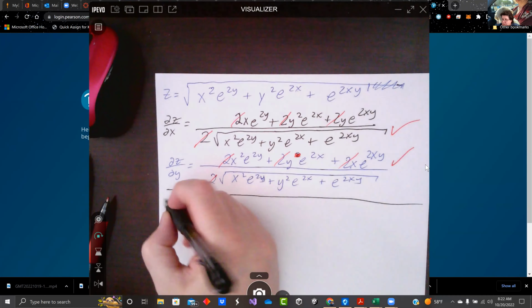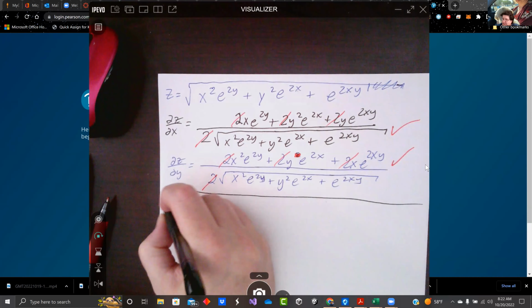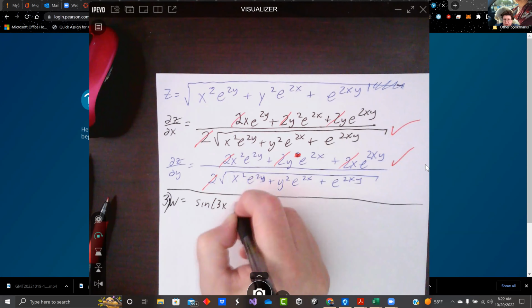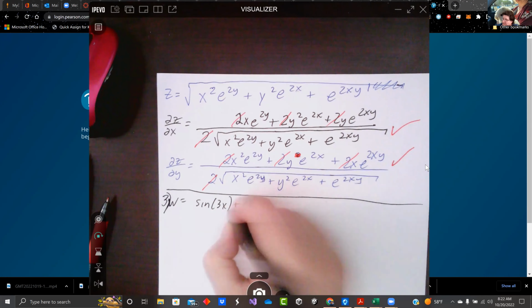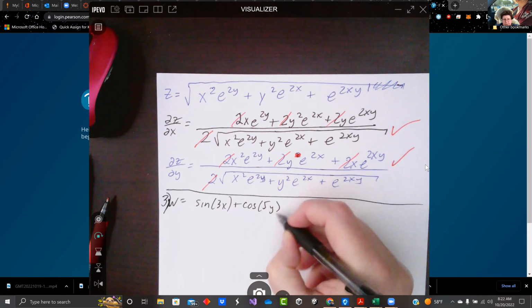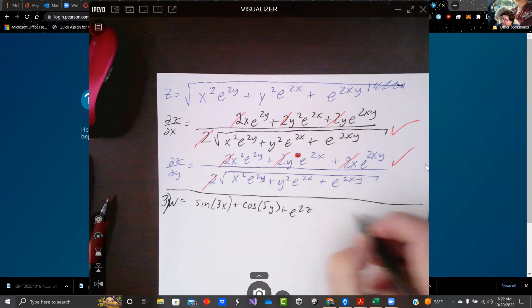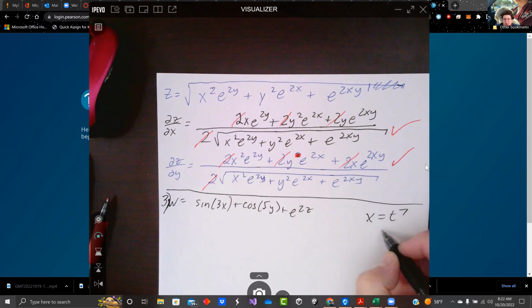We had W equals, this is number 3. W equals sine 3x plus cosine 5y plus e to the 2z. And we got x equals t to the 7, y equals t cubed, and z equals t to the 6.